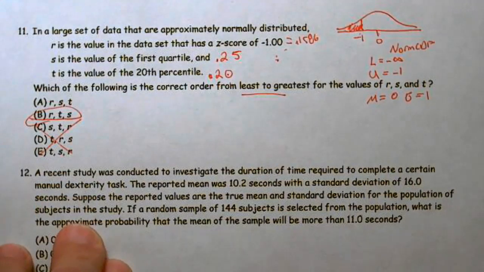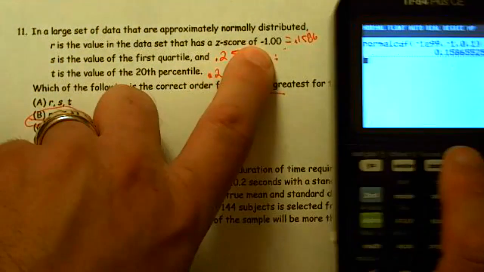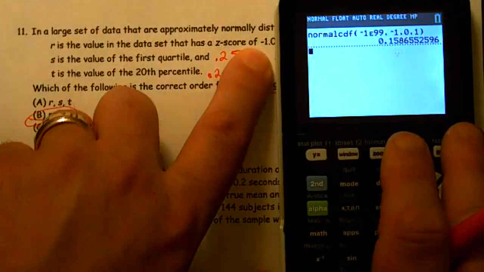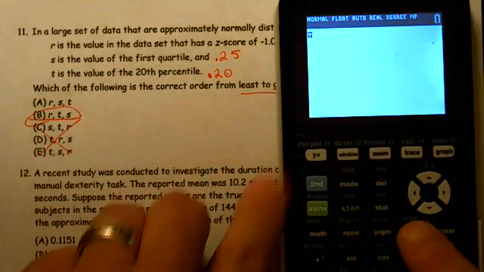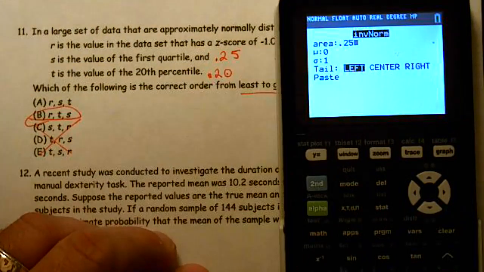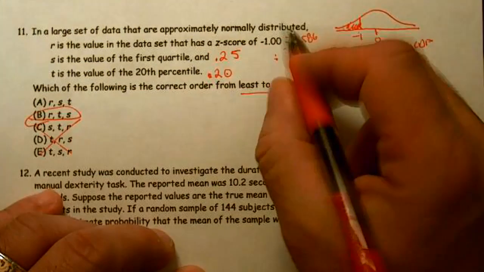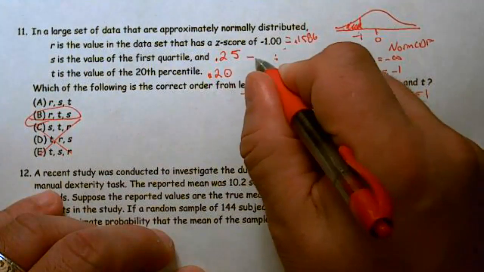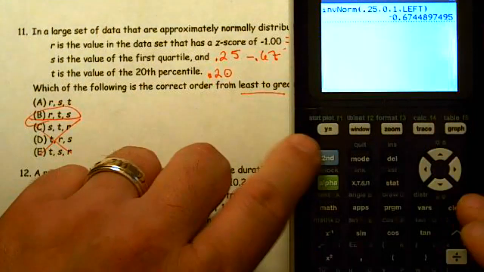Alternatively, I could have turned these all into z-scores. Since we already have that z-score, I could go to 0.25 by doing an inverse norm. Second Vars, invNorm, 0.25, mean of 0, standard deviation of 1, and I end up getting -0.67. So this is -0.67. Then do the same thing for this one.